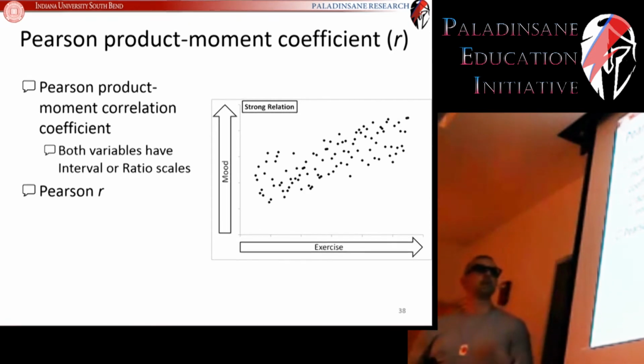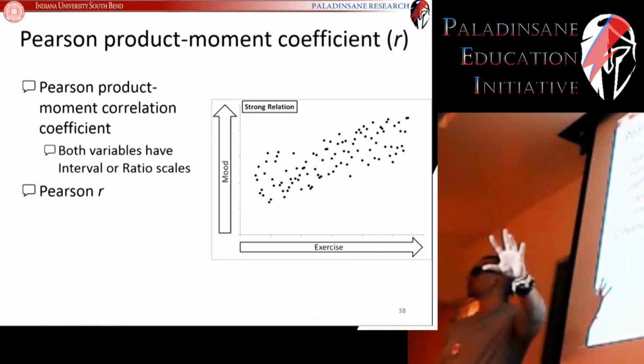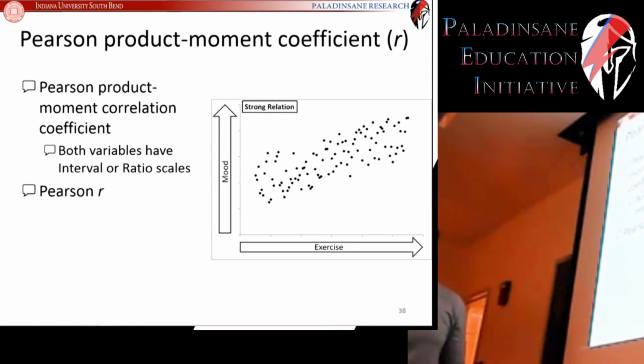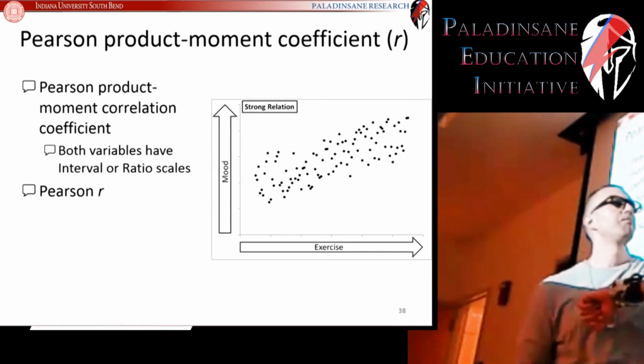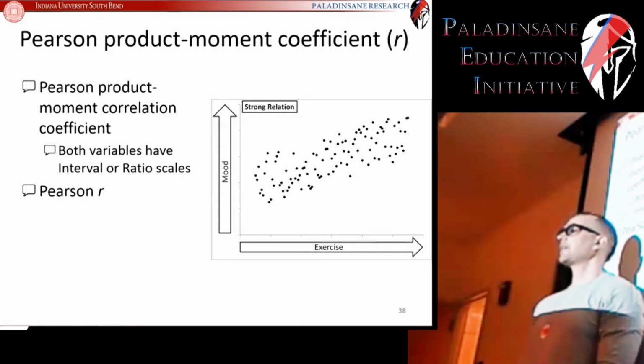And by figuring out a way to assign a number to it, we can remove those personal biases from the equation. So what I mean by that is, let's say that you collected this data, and you are a strong proponent of exercise and its effect on mood.